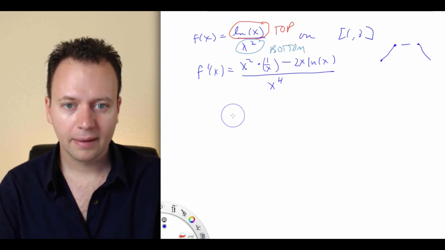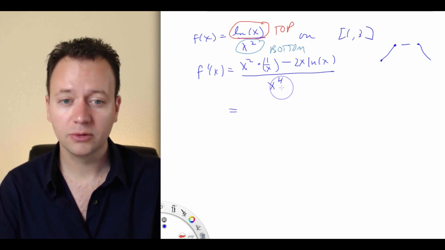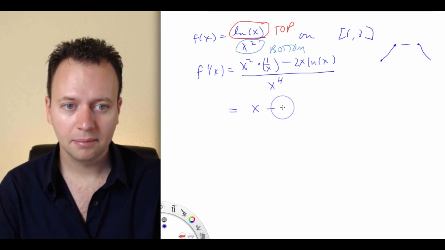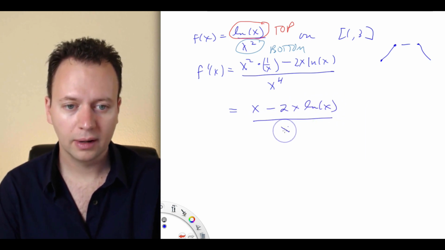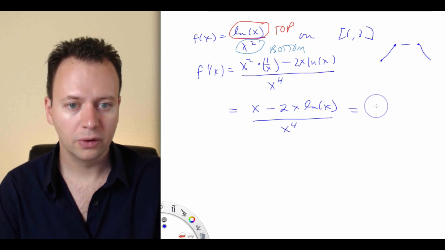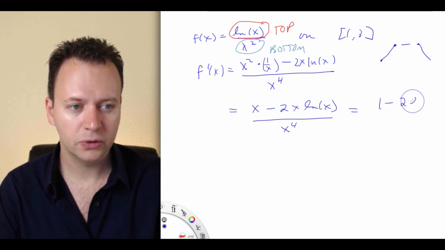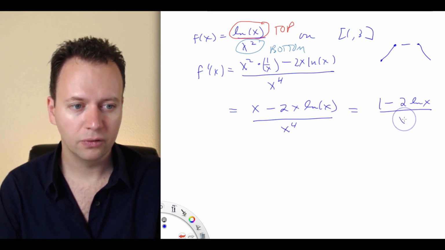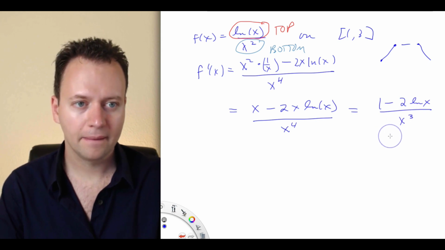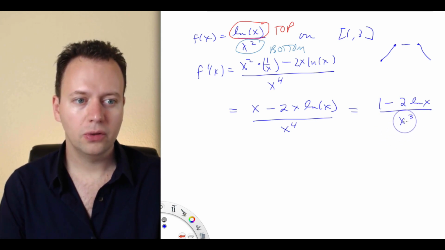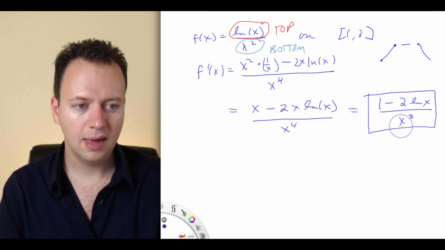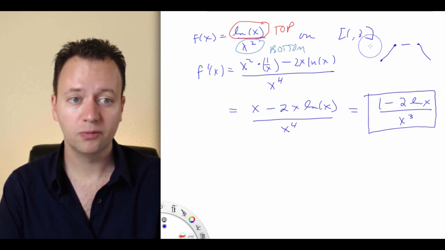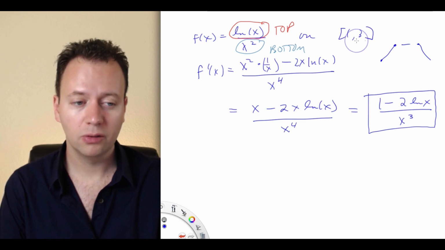So here we have x squared times 1 over x, that's x, minus 2x ln of x, over x to the 4. So the derivative is the same as 1 minus 2 ln of x over x cubed. The x cubed will always be positive because we're between 1 and 3.